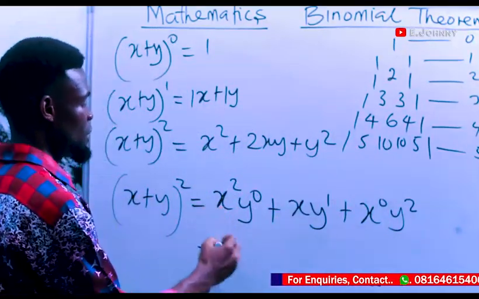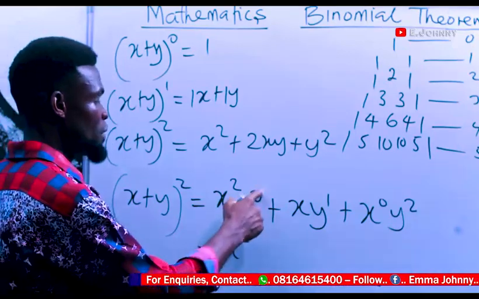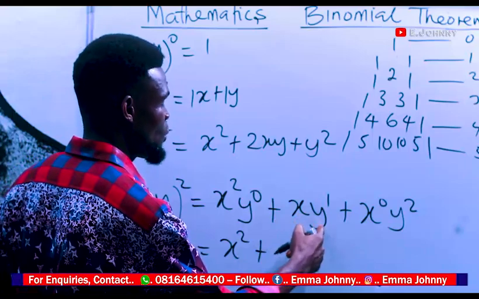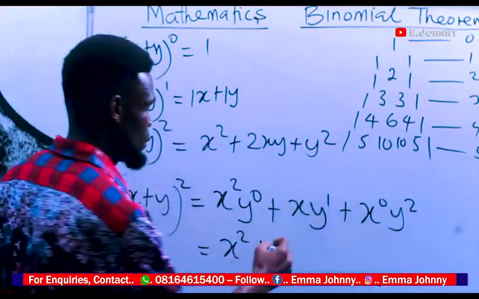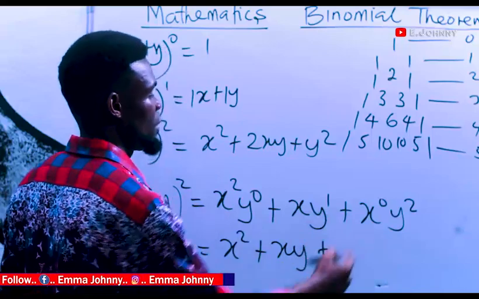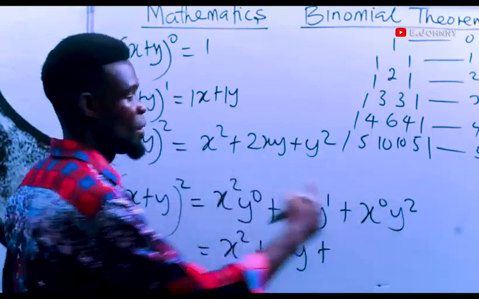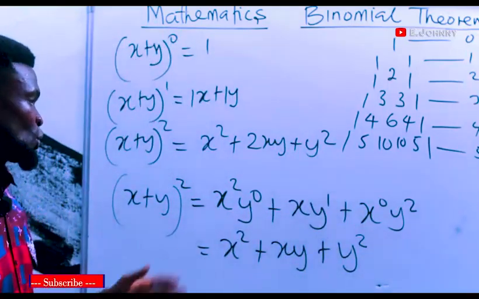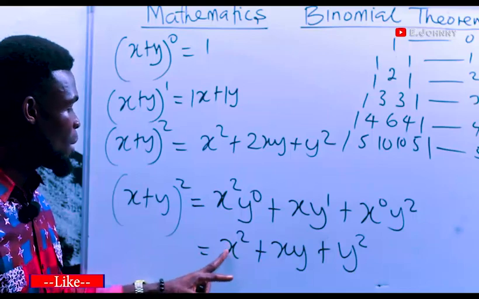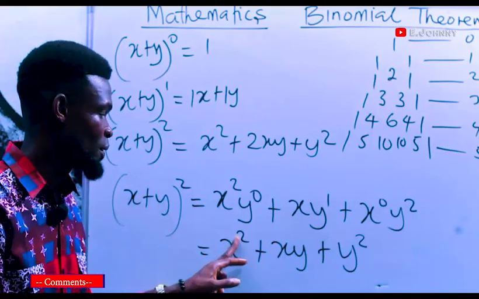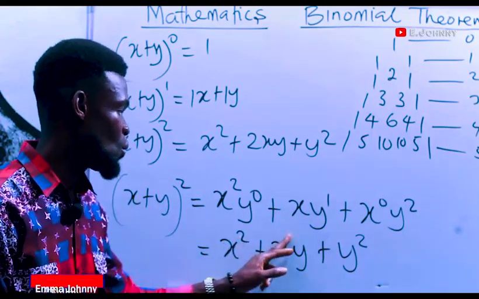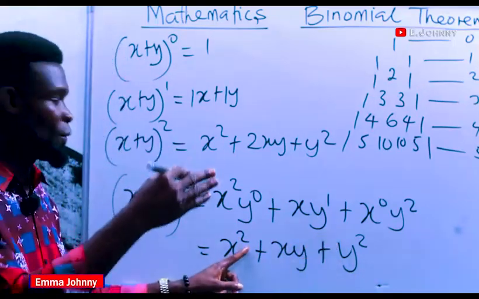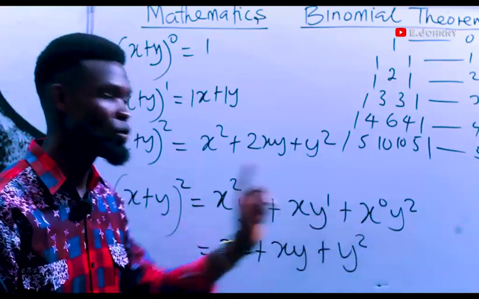So this will give us x squared, since y to power 0 is 1. Plus xy, since y to power 1 is the same as y. Plus x to power 0 is 1, and 1 times y squared is y squared. So you see that the power of x decreases from 2, 1, to 0, while the power of y increases from 0, 1, to 2.